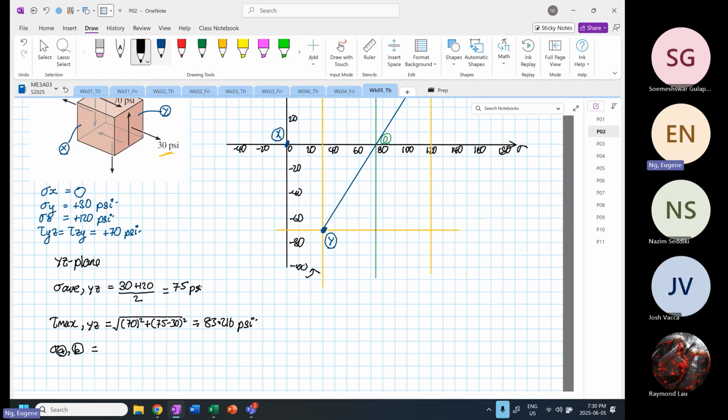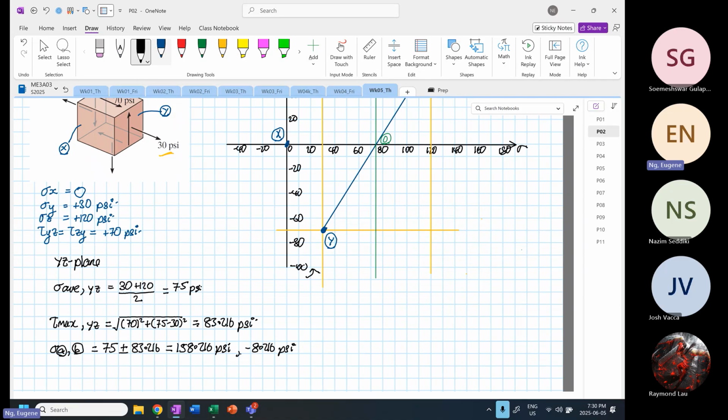So this will be equal to 75 plus minus 83.216. So 75 plus 83.216 is equal to 158.216. And 75 minus 83.216 is equal to minus 8.216.